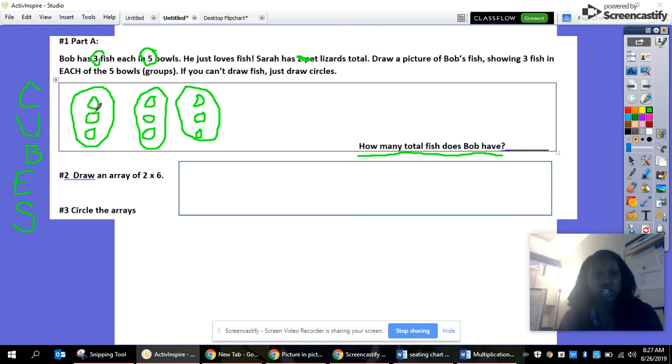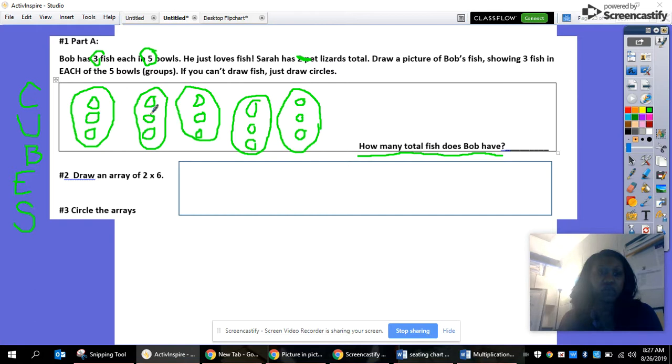It says 3 fish each in 5 bowls. So far I have 1 bowl, 2 bowls, 3 bowls. I need 2 more bowls. 1, 2, 3. Boom. 1, 2, 3. And I'm going to double check my work.